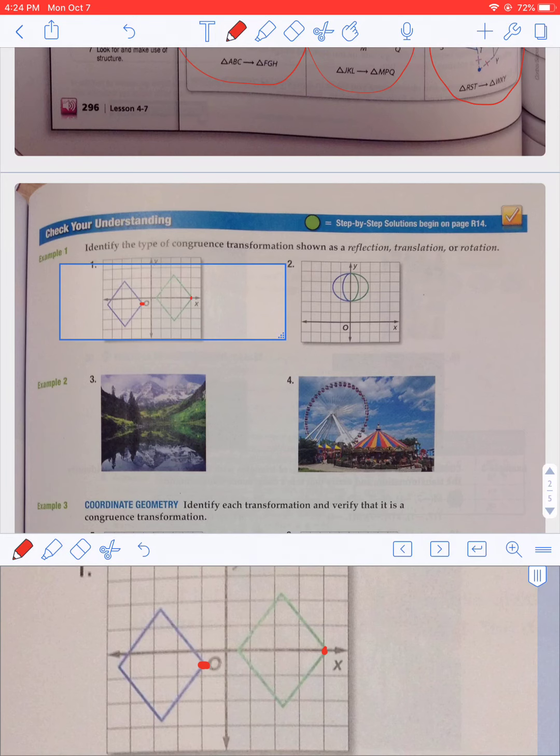Well, if I just picked a reference point, the far right point of each of these figures, I noticed that going from the blue to the green, it's been moved up to the x-axis, right? So it's been moved up, you can see right here, right?